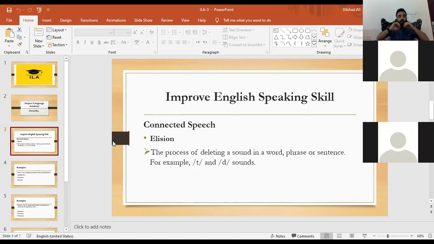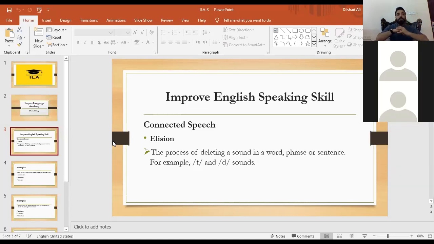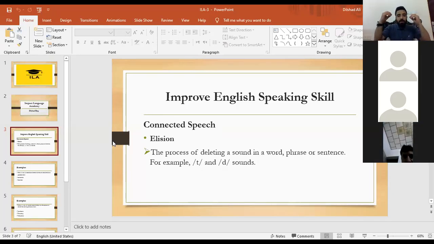One of the very important elements of connected speech is elision. Some people pronounce it differently, but in most videos, most natives say elision with a sh sound. So elision means what? It means the process of deleting a sound in a word, a phrase, or a sentence.